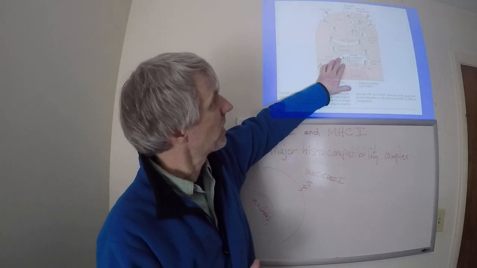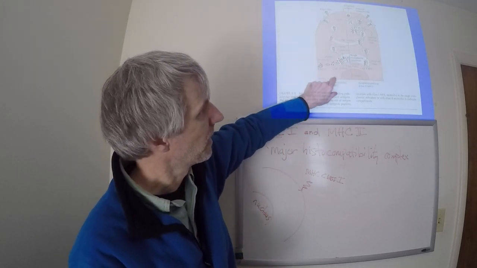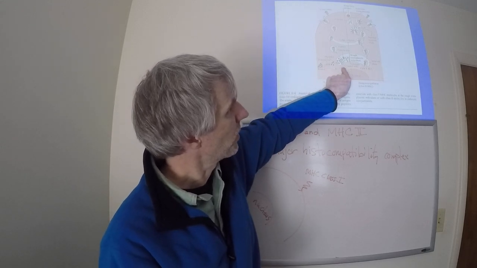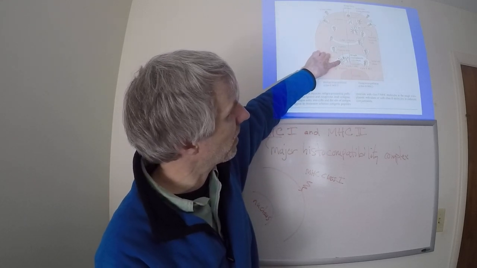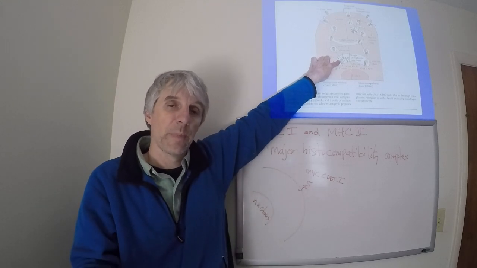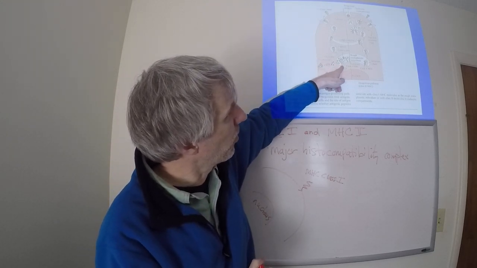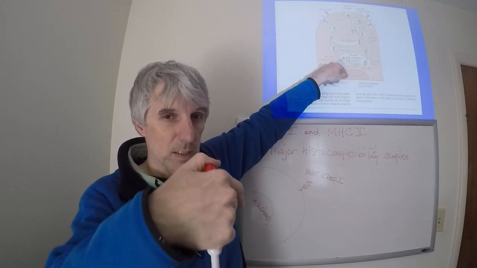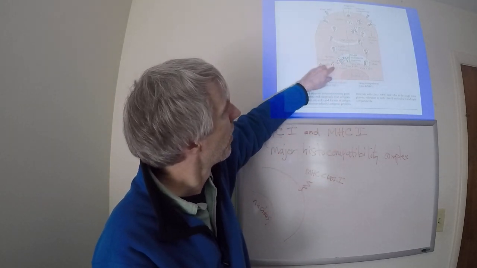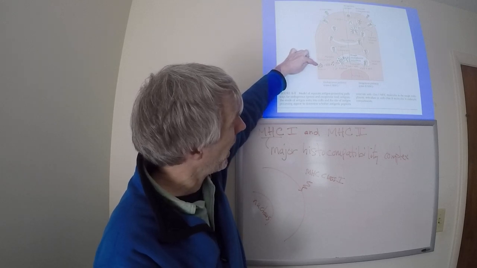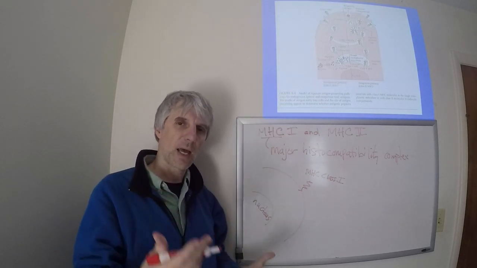But if you notice in here, the major histocompatibility complex 1 pathway is here. So in the rough endoplasmic reticulum are these MHC class 1 proteins. That's where they're built. Right? The ribosome builds the protein and pushes it toward the inside of the membrane. Now, we also have proteins that are manufactured in the cytosol.